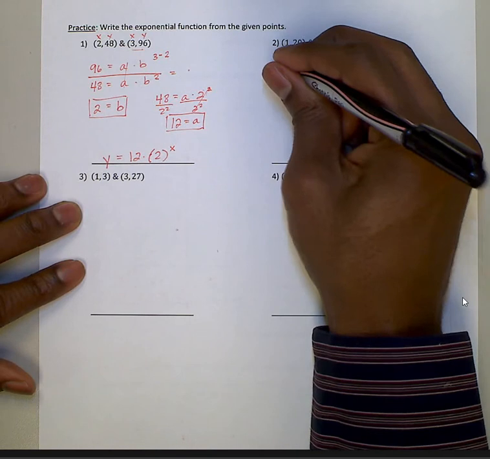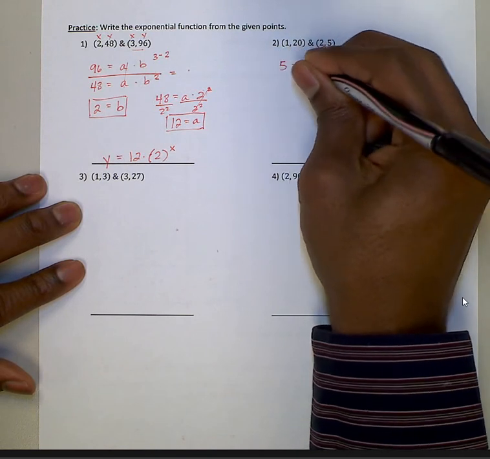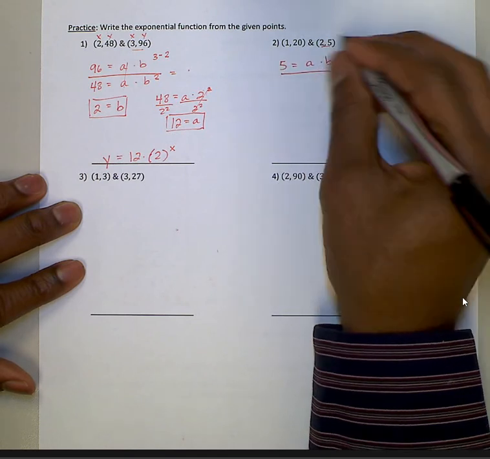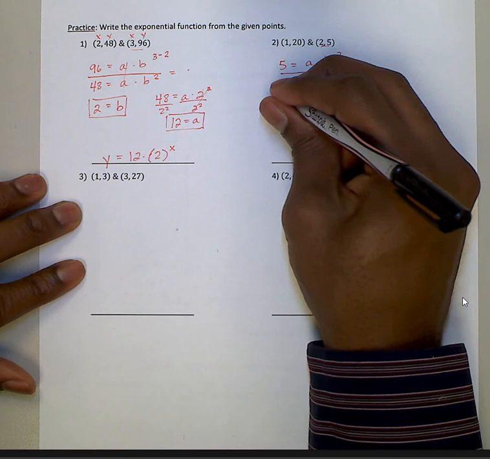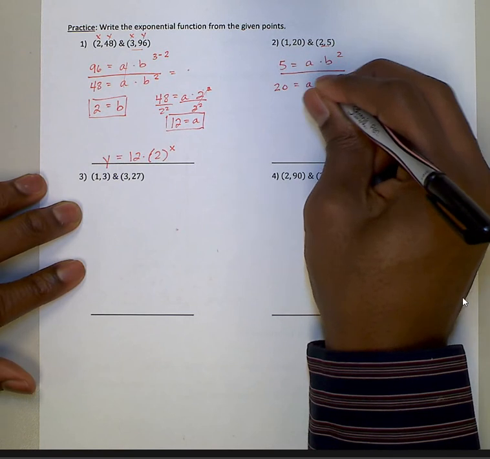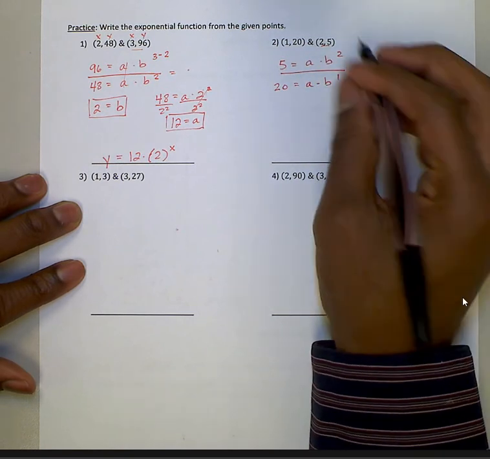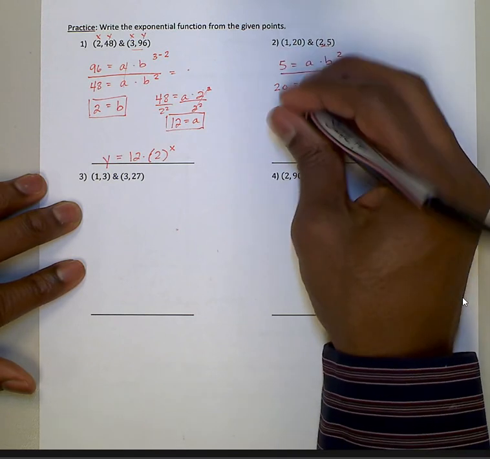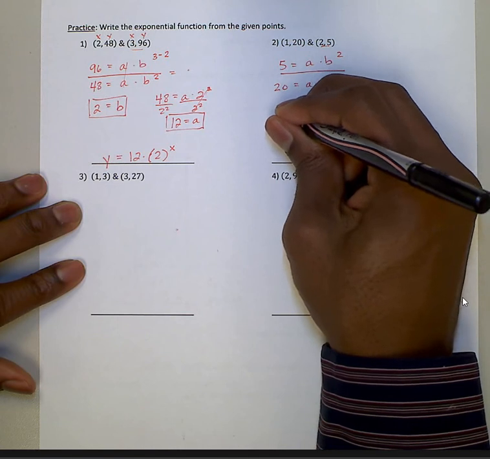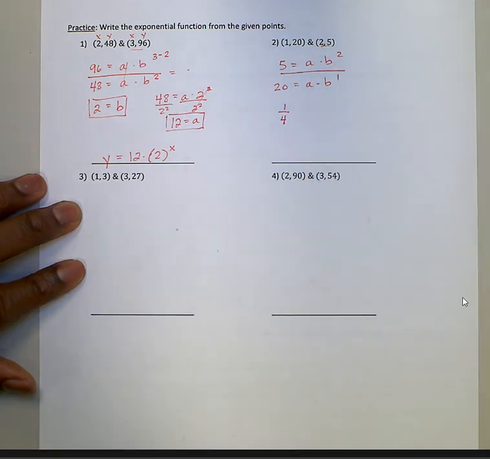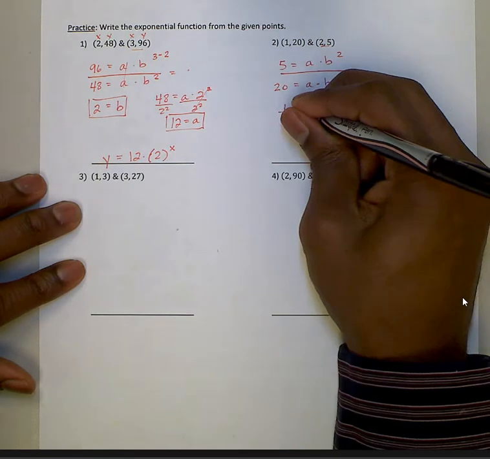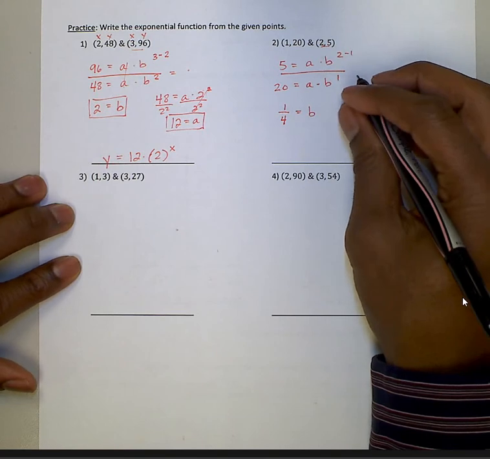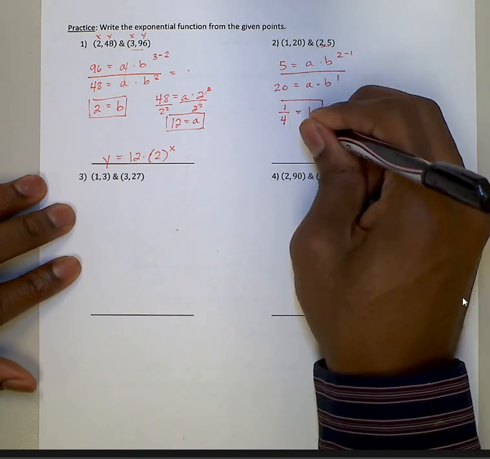So I have 5 equals a times b squared. Here I have 20 equals a times b to the first. I divide 5 divided by 20. I'm left with a fraction, and I'll keep it as a fraction. It's 1/4 equals b, as the a's cancel out. So here my decay factor is 1/4.